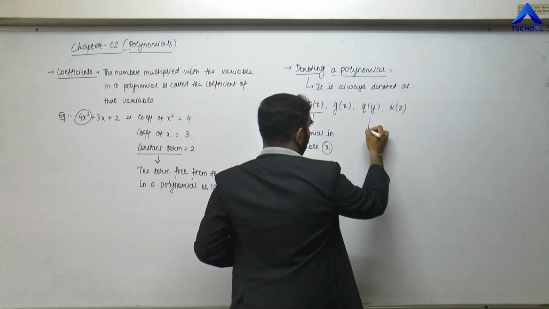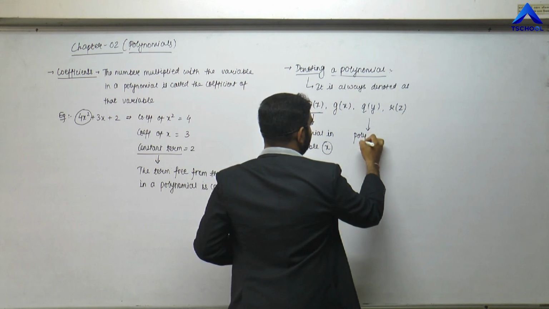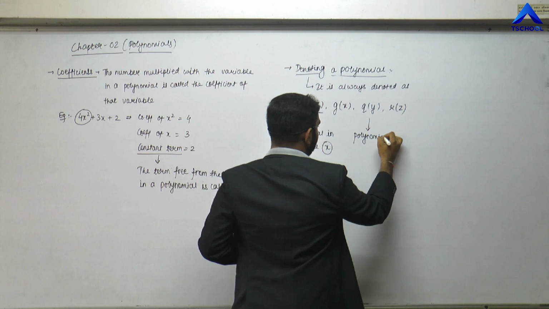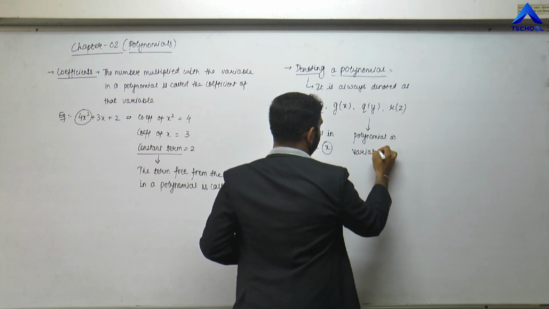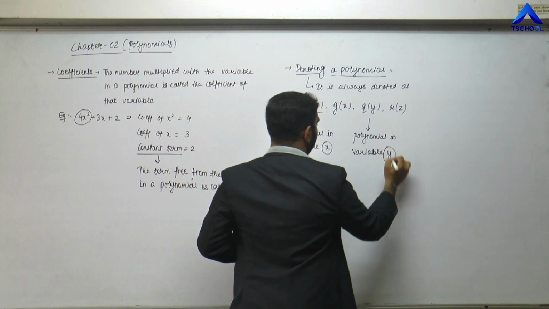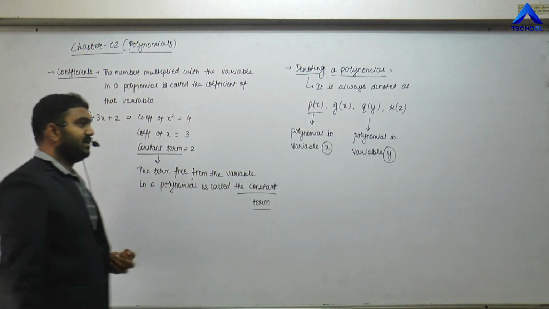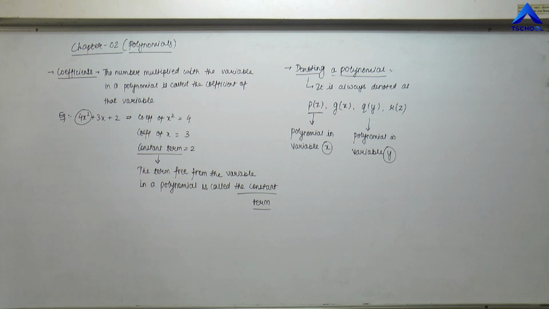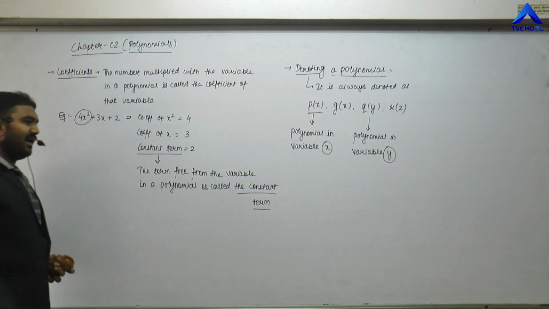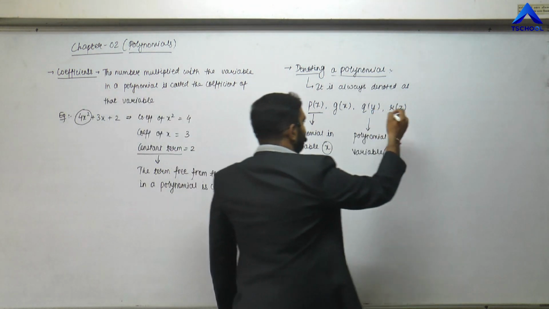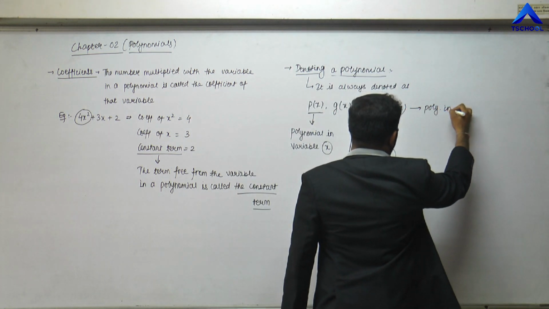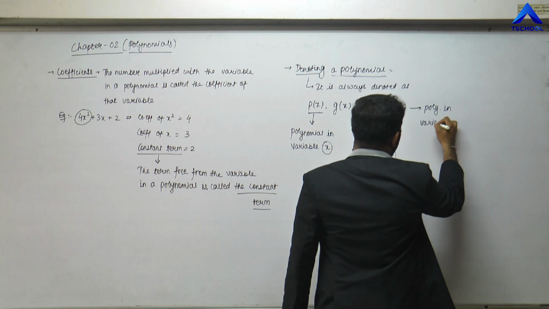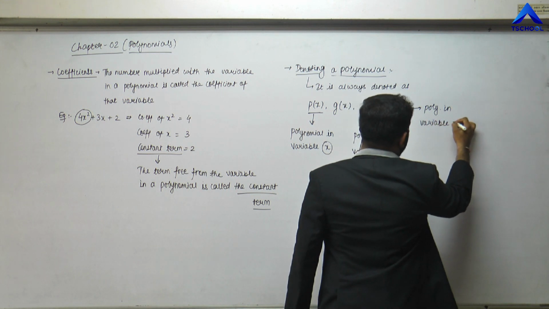This q of y simply means this is a polynomial in variable y, right? And r of z means a polynomial in variable z.